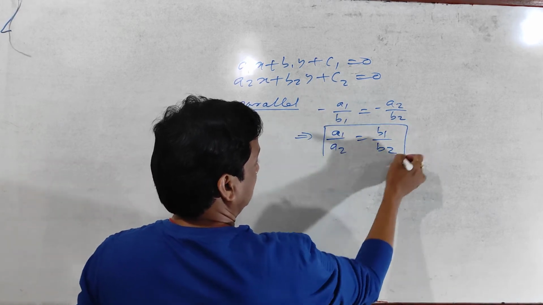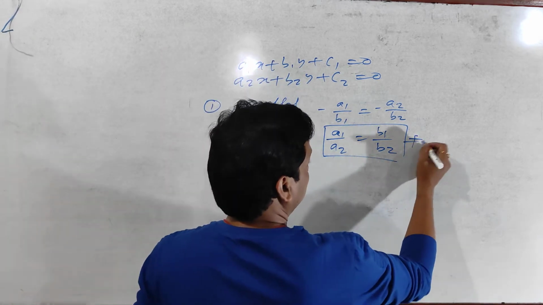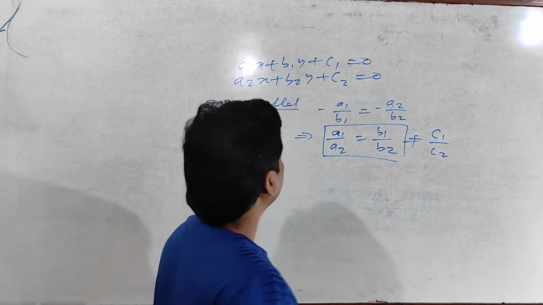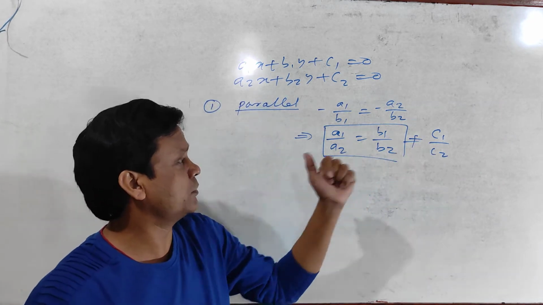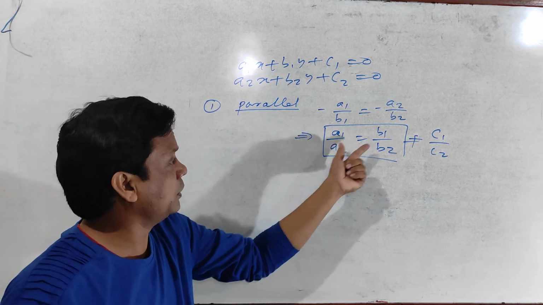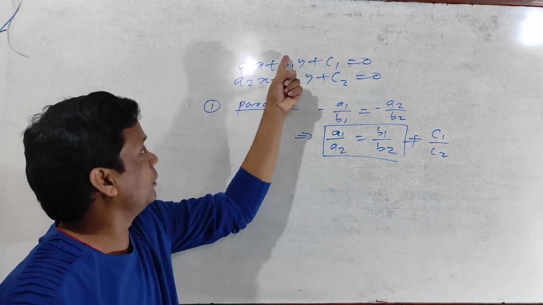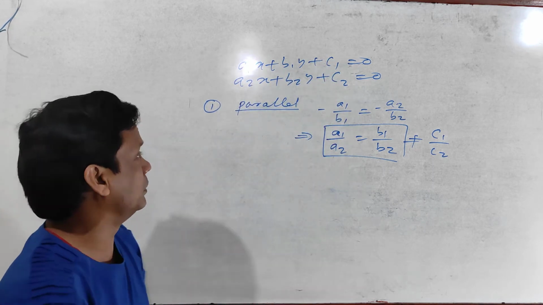So this is the condition: a1 by a2 is equal to b1 by b2, but unequal to c1 by c2. I'll tell you why I am taking unequal to c1 by c2. This is the parallel case.